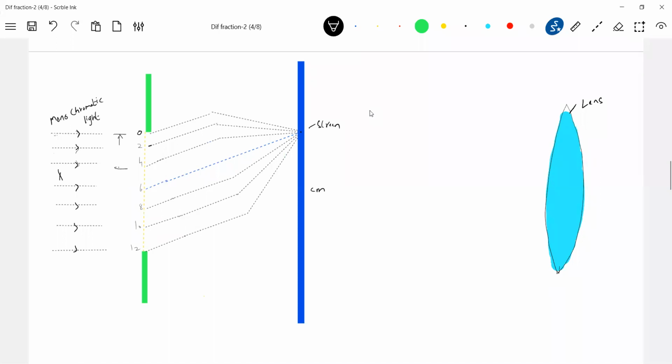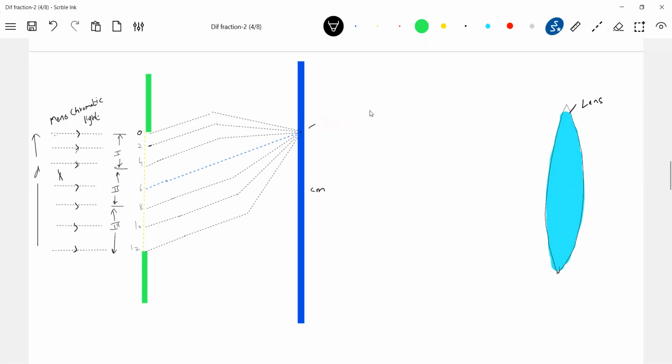So this will become d by 3 if I split it up. The total distance of the slit is d only. Again, don't get deviated.